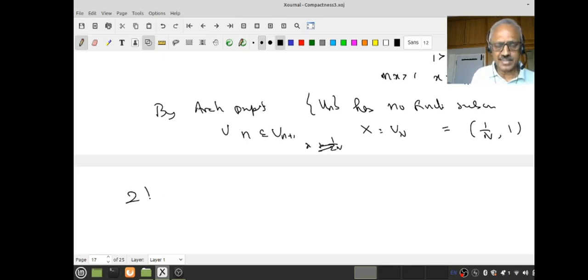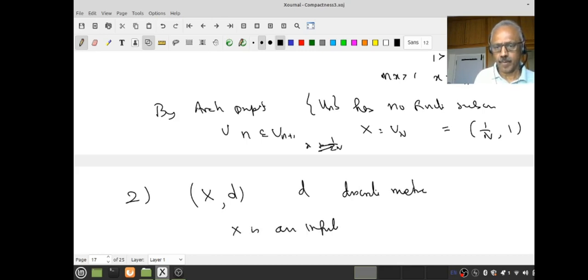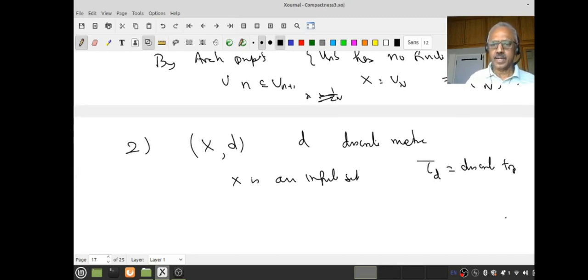The second standard example teachers will give is where d is a discrete metric and X is an infinite set. If it's a discrete metric, then the topology is the discrete topology, right? And the discrete metric is bounded because the distance between any two points is at most 1. It's either 0 or 1, therefore it's bounded. But the topology induced by the discrete metric is the discrete topology.